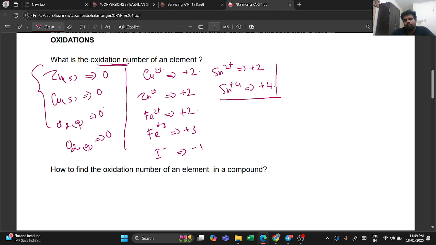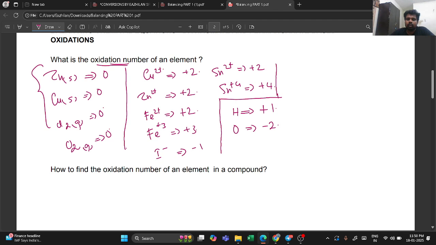Then some common cases are there, and those common elements we will be discussing. In most cases hydrogen will always have an oxidation state of +1. For oxygen it is always -2. There are some exceptions, but we will not go to those exceptions.